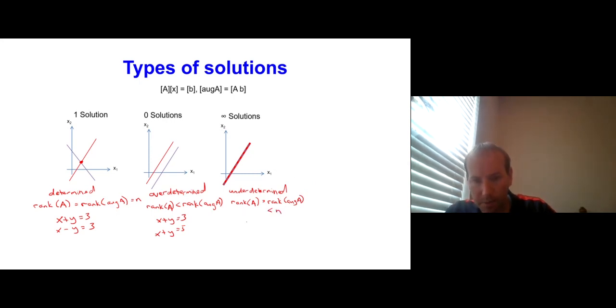An example of that would be if x plus y equals 3 and 2x plus 2y equals 6. You see that these are just multiples of each other.